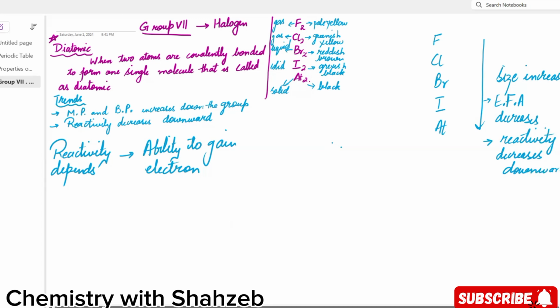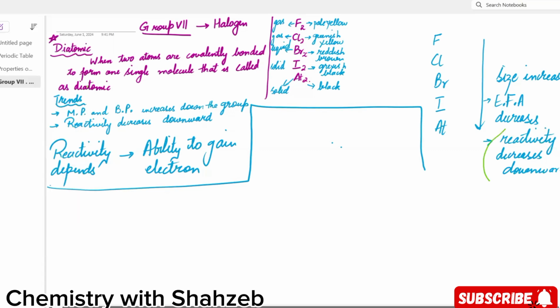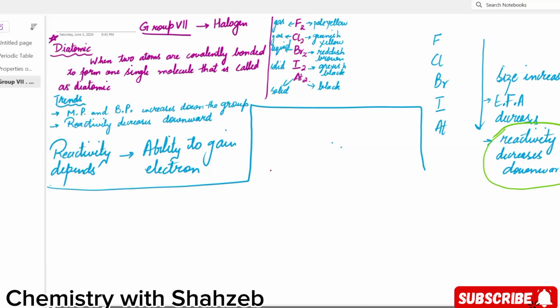Now we want to discuss some properties of these halogens. This is a very important thing that we have discussed, that reactivity decreases downwards. Now we are going to use this in their application.